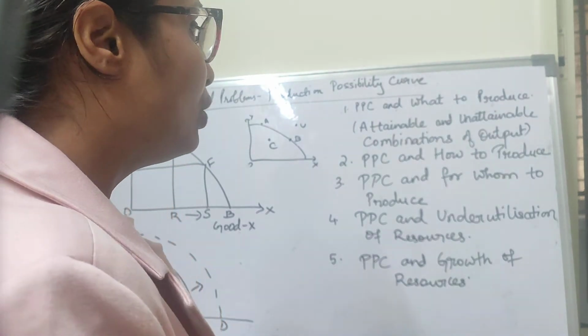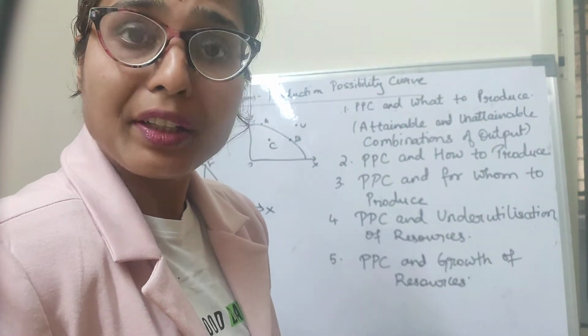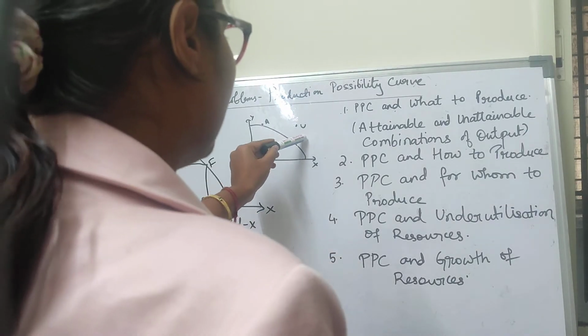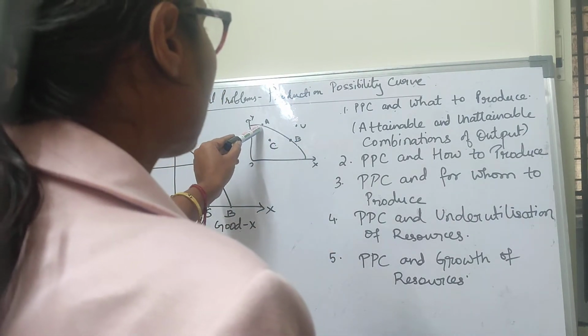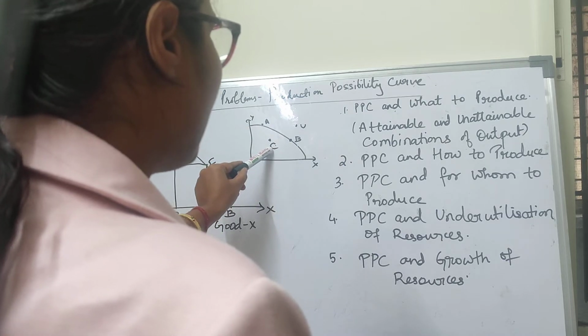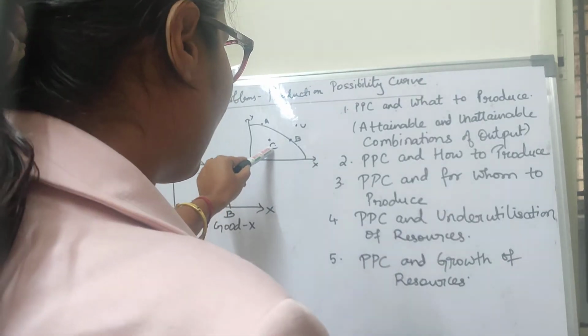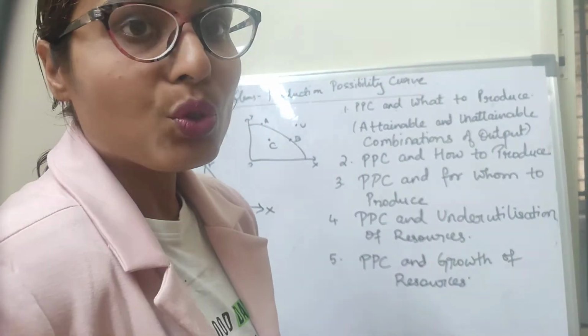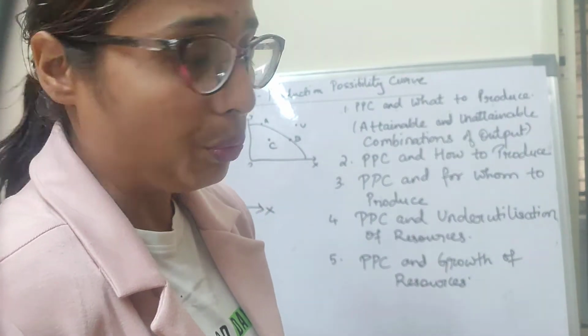That means the economy does not have enough resources to produce such quantities. The points on or inside the PPC curve are attainable combinations, that means these combinations can be produced with the help of given resources.